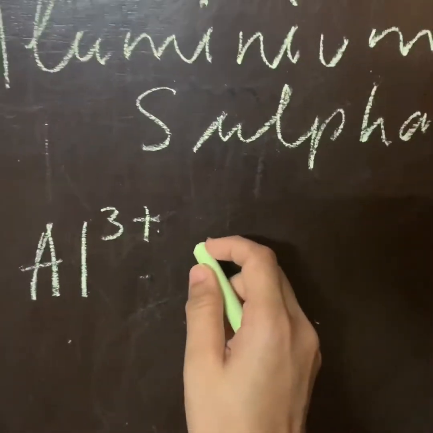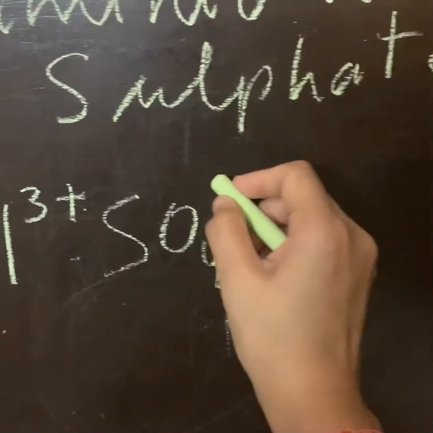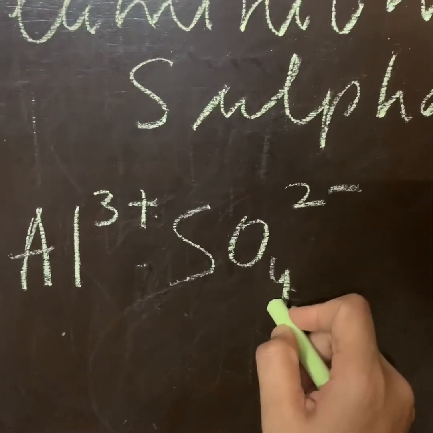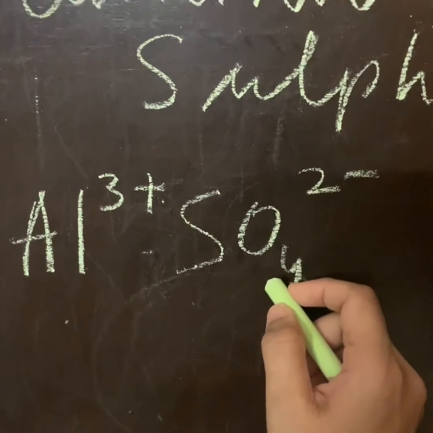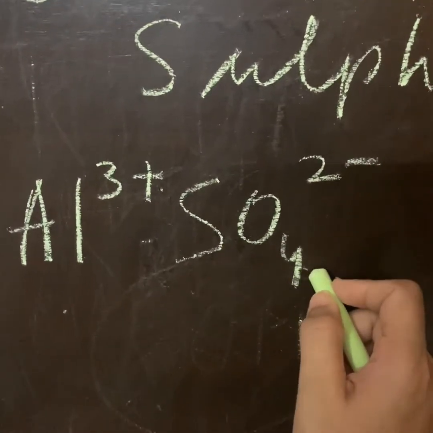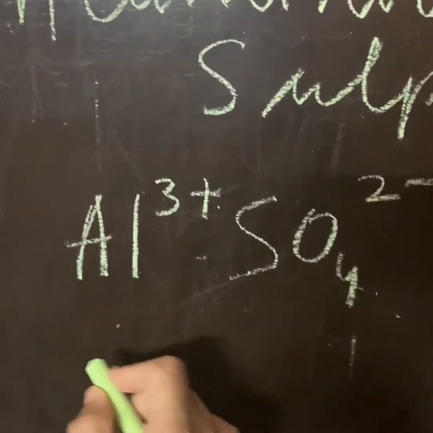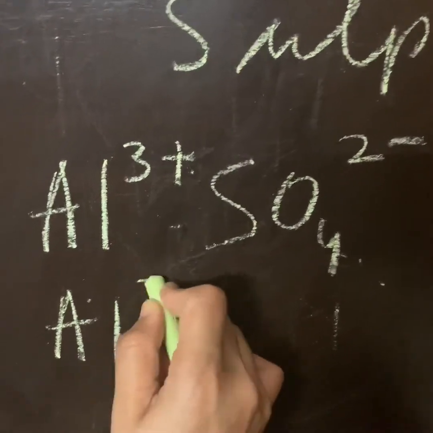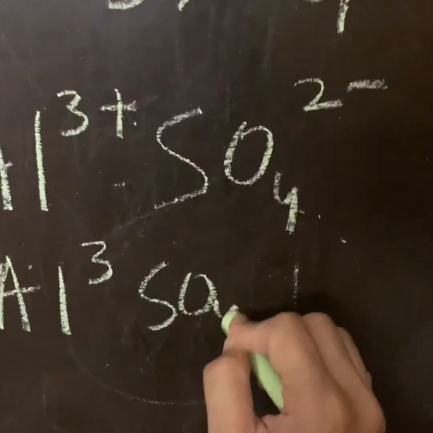The negative ion is sulfate and its symbol is SO4 and the charge is 2 minus. The 4 which is written in the subscript of oxygen is not a charge, that is the number of atoms of oxygen, right? Now in the next step, remove the plus and minus signs. It becomes Al3 SO4 2.